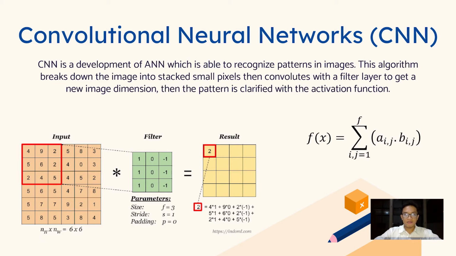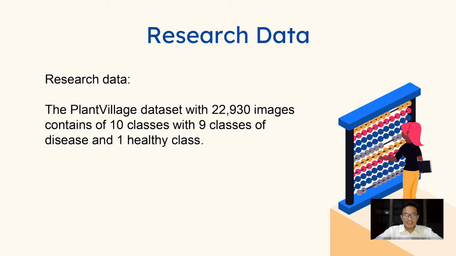This algorithm breaks down the image into stacked small pixels, then convolves with a filter layer to get a new image dimension, and then the pattern is clarified with the activation function. At the bottom of the slide is a concept of the convolutional process, and on the right side is the convolutional formula.